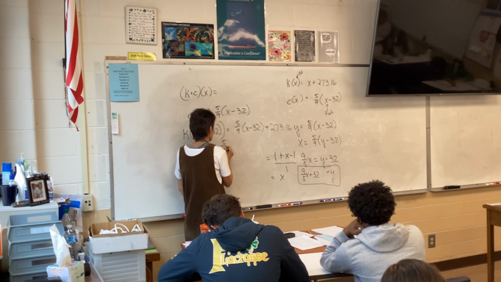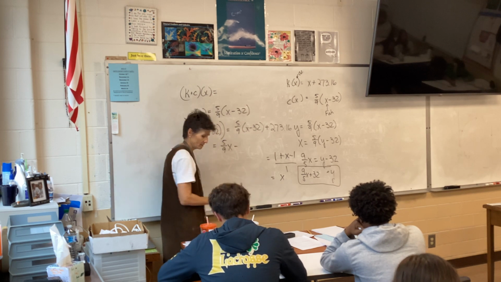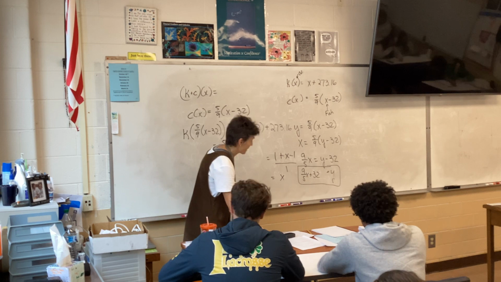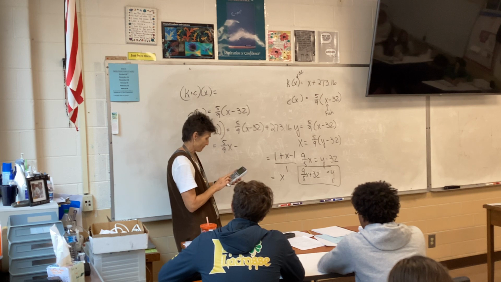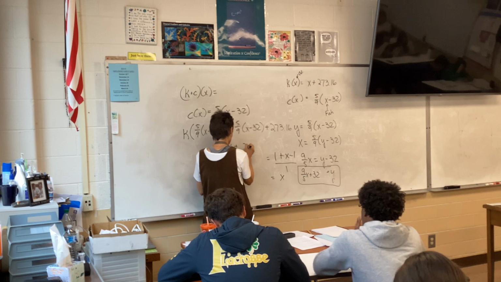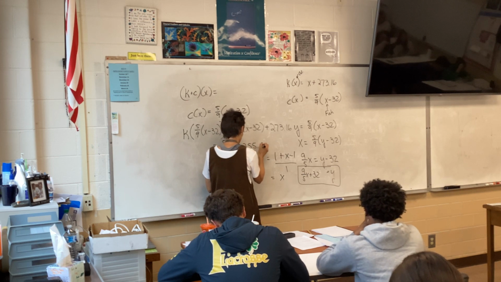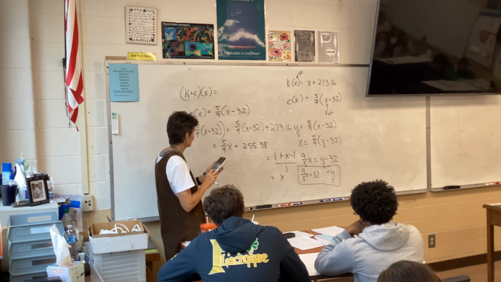So 5/9 X minus, I'm just gonna add those together, so what is that, 160 divided by 9. So I got plus 255.38. Check my arithmetic, is that right? Is that what you got?